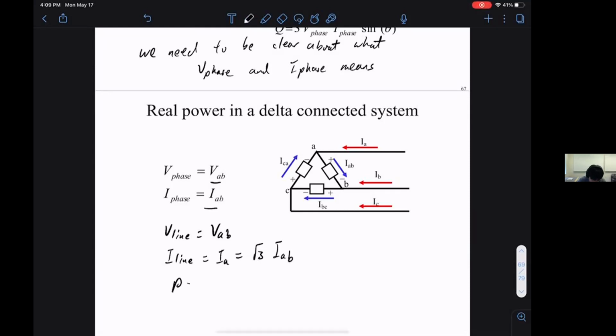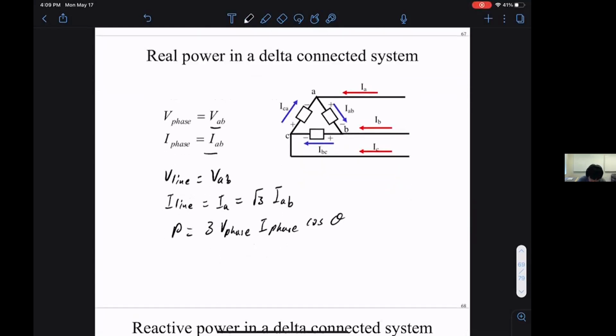So if you write power as 3 V phase I phase cosine theta, then power is also equal to √3 VAB IA cosine theta.